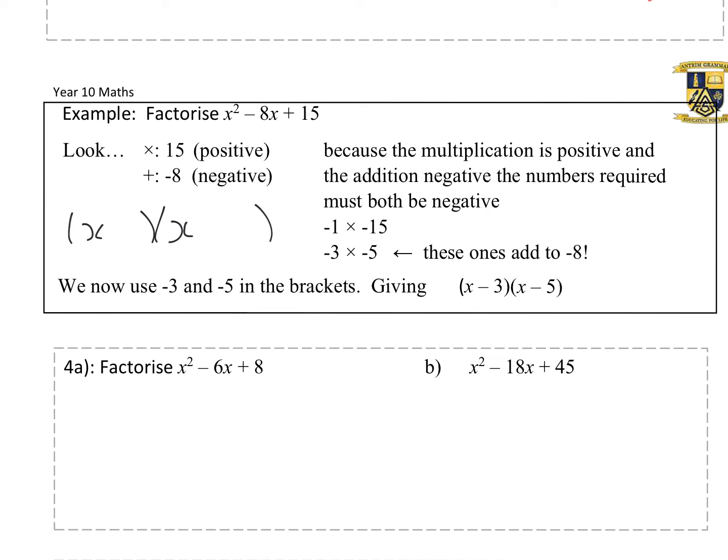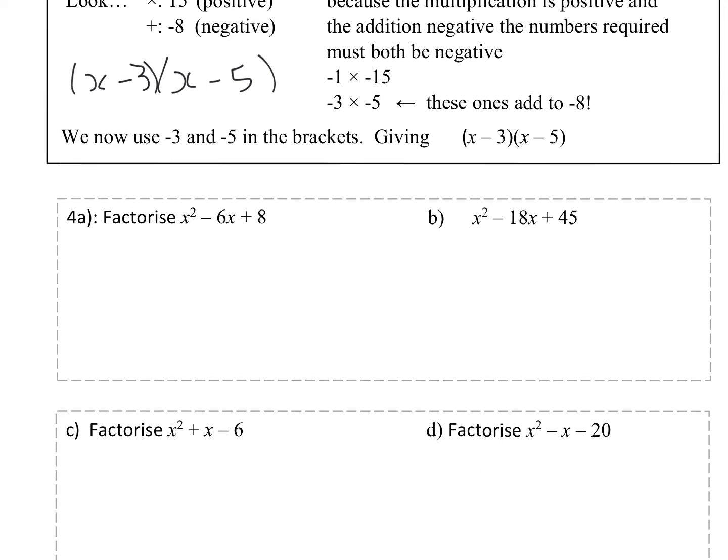So a negative answer, but unfortunately negative 16 is not what we want. We want negative 8. So if you try another combination, minus 3 times minus 5 gives positive 15, and if you add minus 3 to minus 5, you get minus 8. So minus 3 and minus 5 are your solutions.